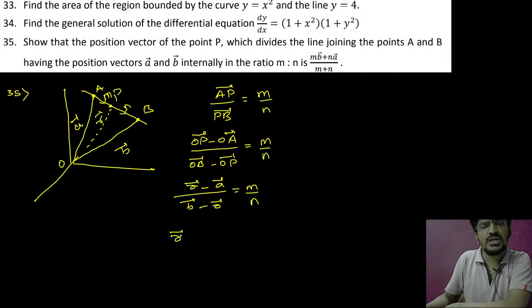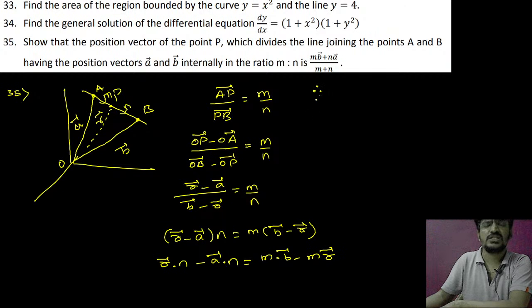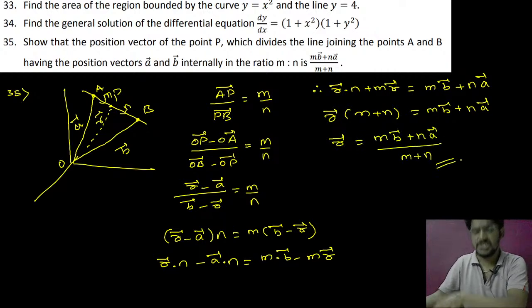So now from this, vector R minus vector A into n equals m into vector B minus vector R. From this, n vector R minus n vector A equals m vector B minus m vector R. So therefore, replacing the terms, n vector R plus m vector R is equal to m vector B plus n vector A. You can take R common, m plus n equal to m vector B plus n vector A. Vector R will be equal to m vector B plus n vector A divided by m plus n. This is your answer.